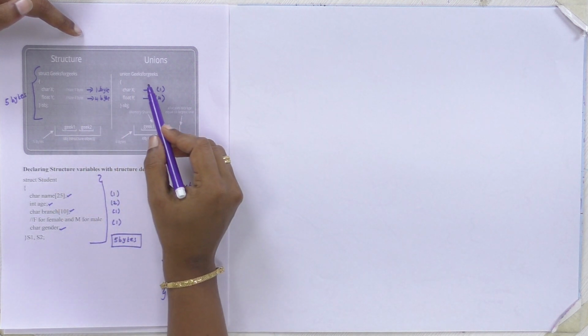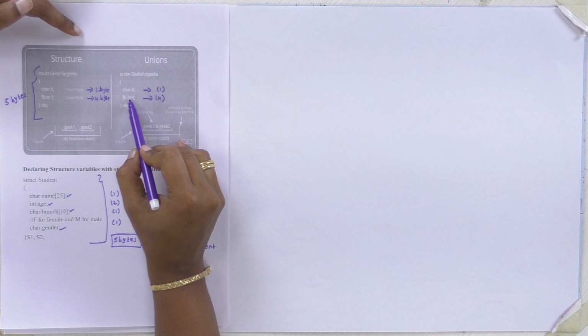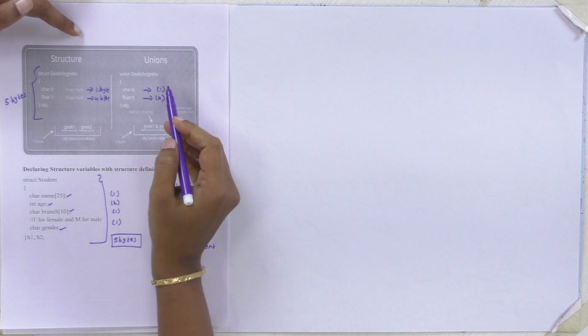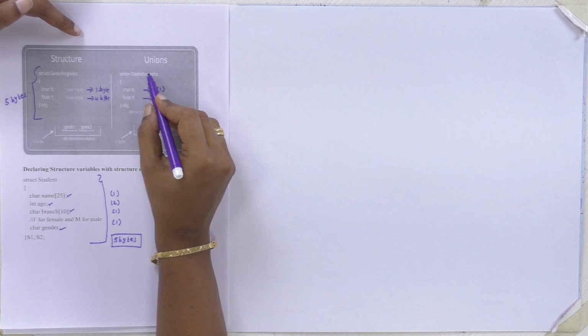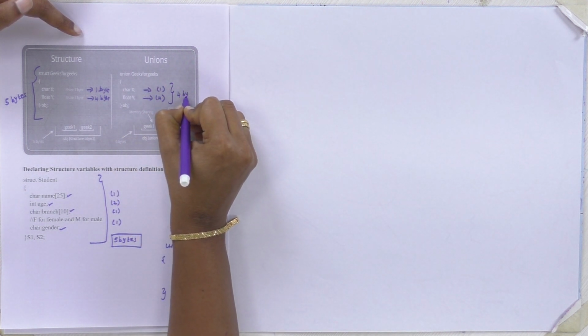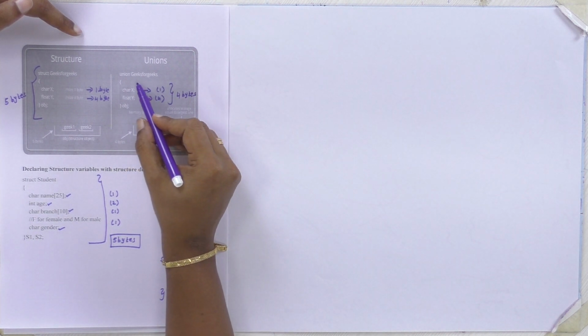But when you are using union, it will allocate storage equal to the largest one. Which one is the largest one? Float. So the total memory occupied by this union is 4 bytes. It always takes the largest number of bytes.